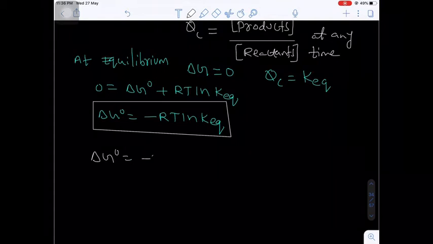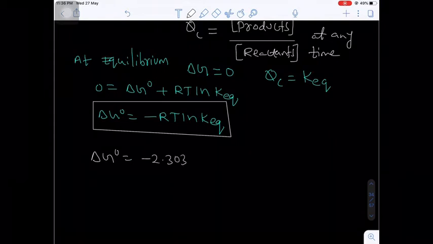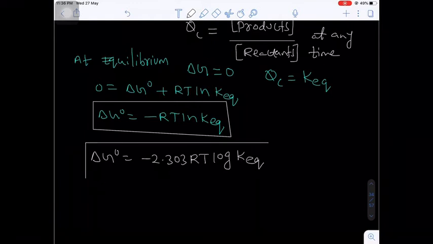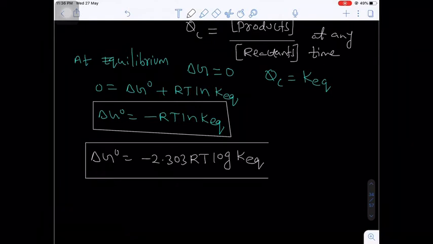Okay, now I am writing delta G naught is equal to minus 2.303 RT log of K equilibrium. This is also one of the important relations. The first relation we have is ln, that is the logarithm to the base e.